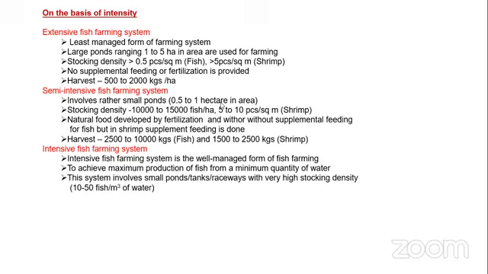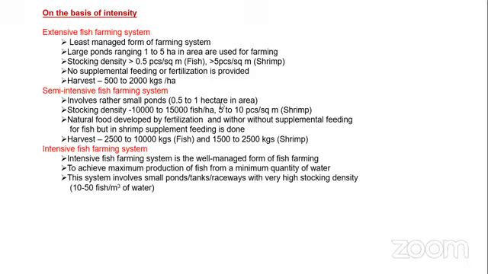Stocking density should be 10,000 to 15,000 fish per hectare. Natural food is developed by fertilization, because we do give some input to the ponds where we can do manuring. So there could be natural food available. We can also remove aquatic weed to some extent.